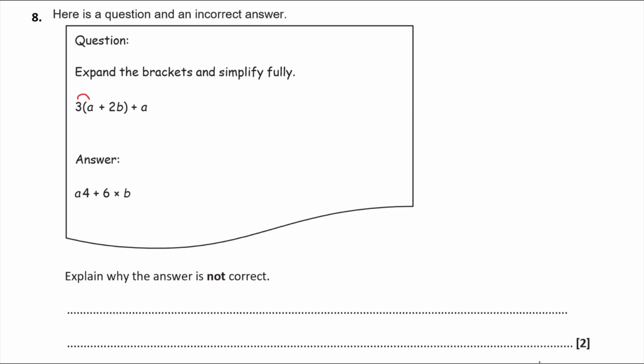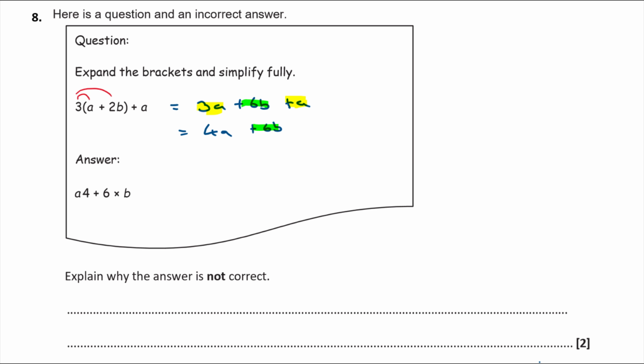If I multiply the brackets out, I'm going to get 3 lots of A, which is 3A, plus 3 lots of 2B, which is 6B. Plus I've got this extra A on the end. So collecting like terms, the 3A and the A is going to give me 4A, and then I've got that 6B on the end, haven't I?